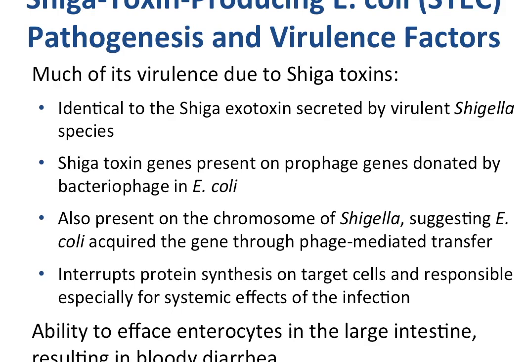So this is identical to the Shigella exotoxin. This gene actually is transmitted by a bacteriophage to the E. coli. So Shiga toxin can inhibit protein synthesis of the target cell and cause the symptoms.